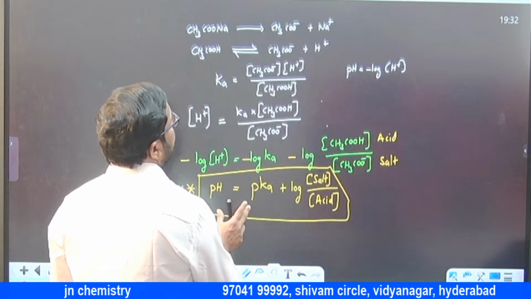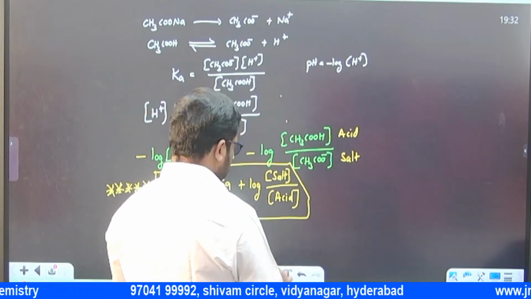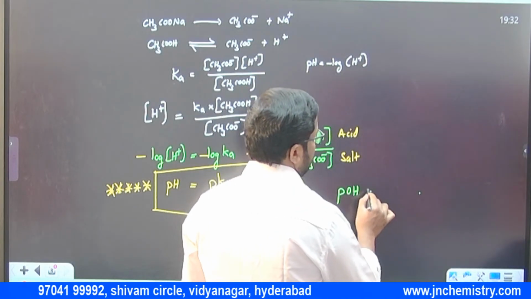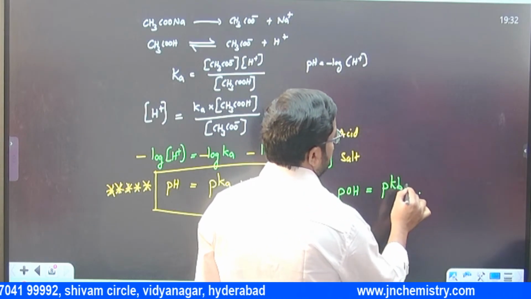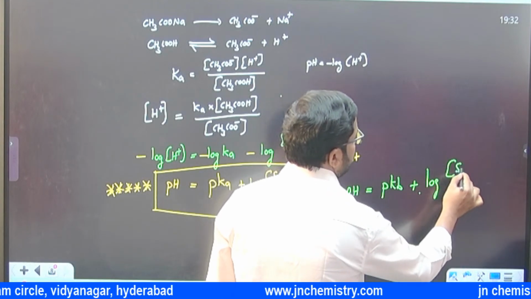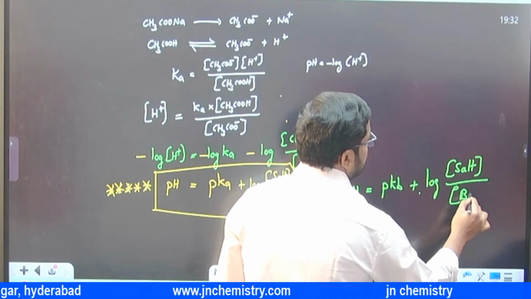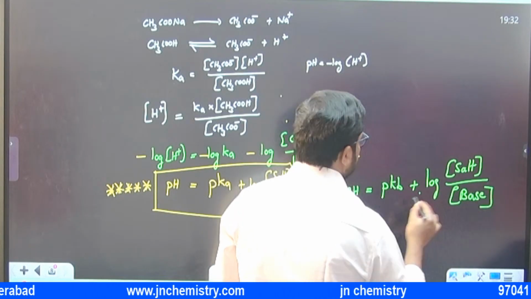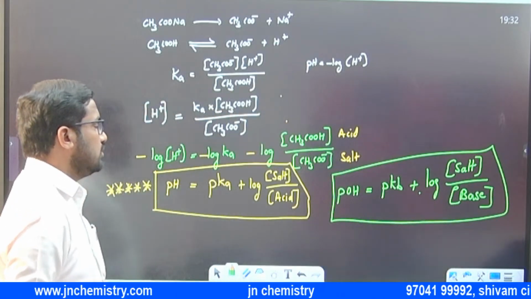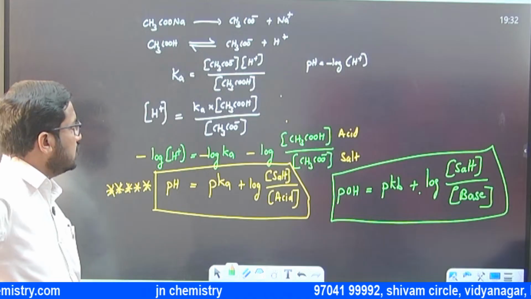Write it down. I am not deriving that for the base. pOH is equal to pKb plus log salt concentration by base concentration.